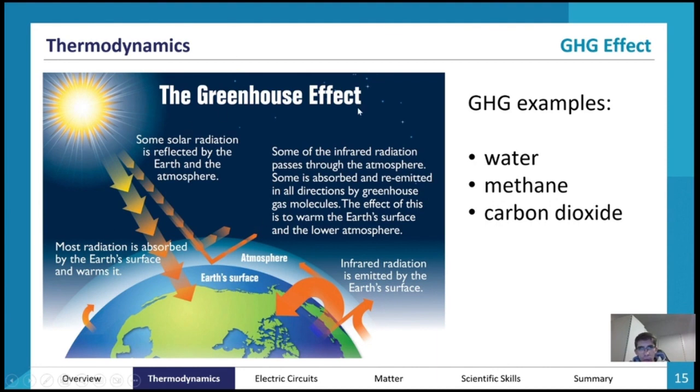And why do we call it the greenhouse effect? It's because just like a greenhouse that traps thermal energy, these gases that are released into the atmosphere are actually turning the atmosphere into that greenhouse, right? They're turning it into that impermeable layer, and the gases are essentially trapped.